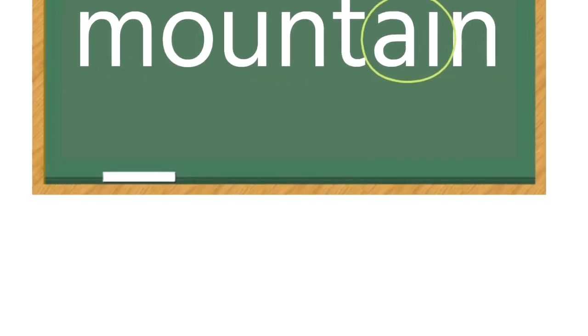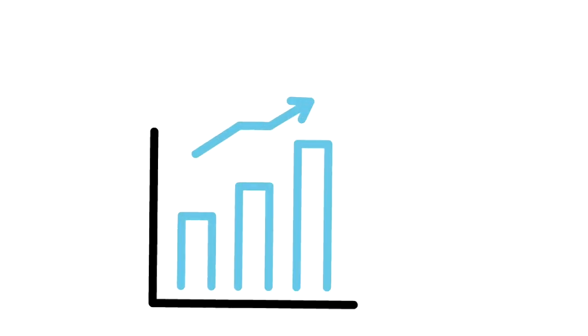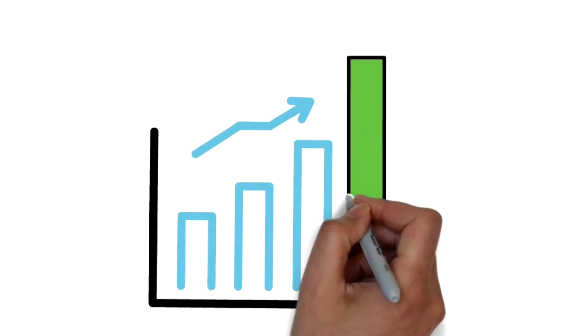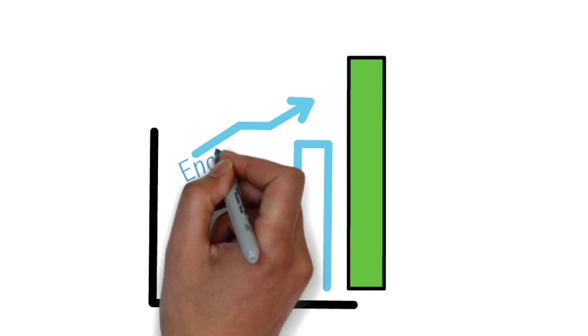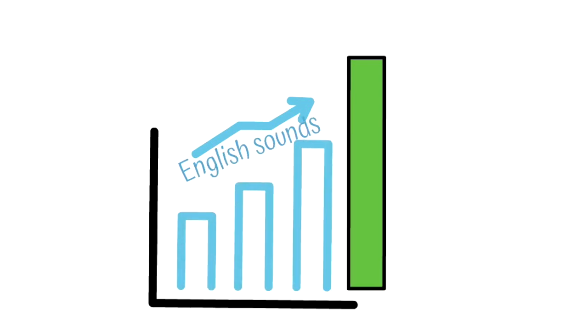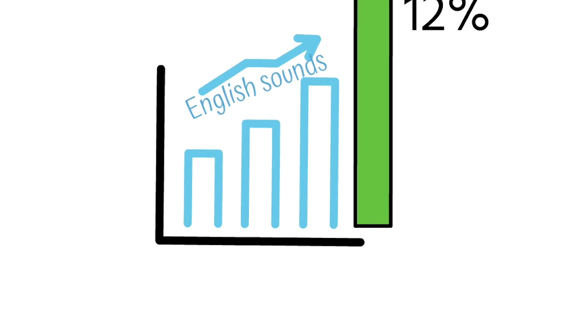As you can see from these examples, the schwa appears in the American pronunciations of many English words. Actually, the schwa appears in almost 12% of all English words, more than any other sound in English.